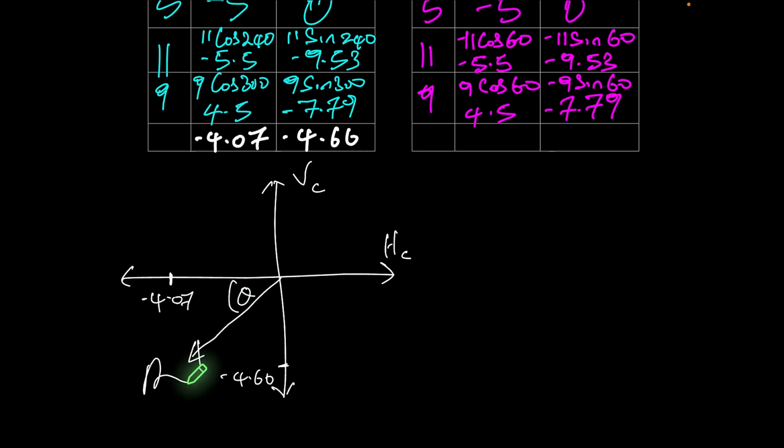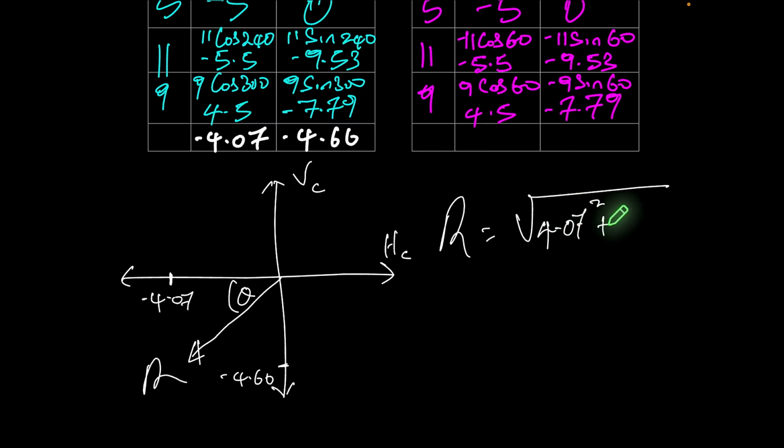For the resultant, it's just the square root, and we want to square both of those values we got. We don't need to include the negative, because if we square them anyway, it would just be positive. So just square both of these and square root our answer. The resultant here is 6.19 kilonewtons.